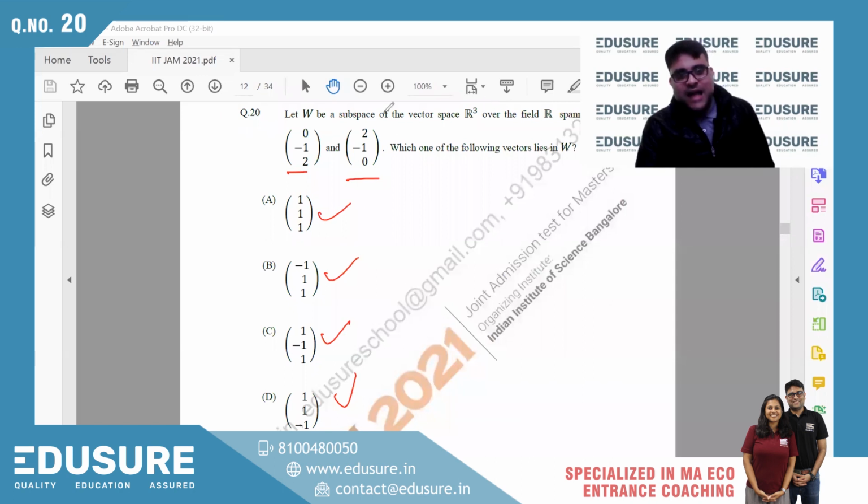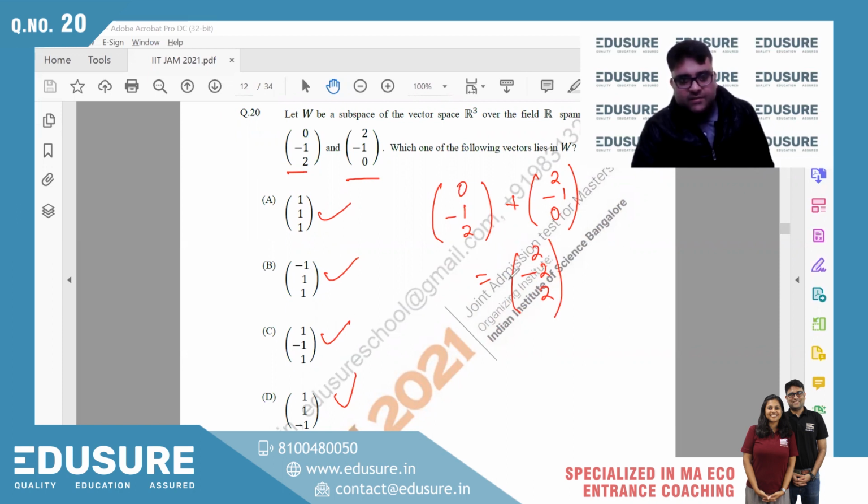So let's see what happens if I add these two vectors. If I add, I get 2, minus 2, 2. Okay. Now, which of these is in this format?